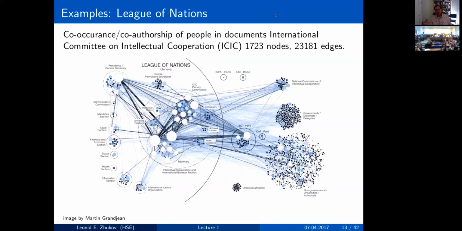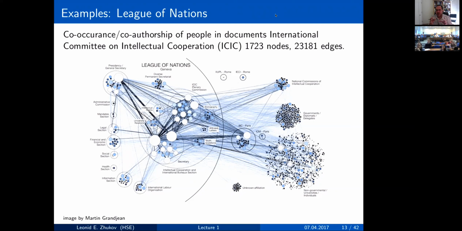This is a beautiful network and actually a beautiful visualization. It is the co-authorship of people on various documents of the International Committee on Intellectual Corporations, right? Again, this is a very big network, and the author of the visualization did a terrific job: color coding, scaling it, and positioning nodes such that the network is actually readable.